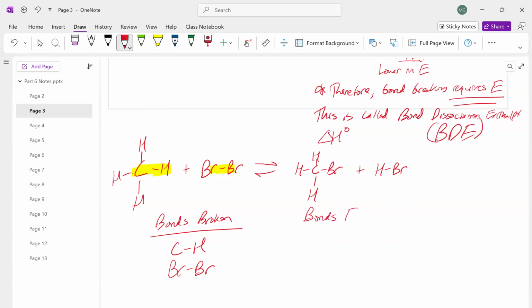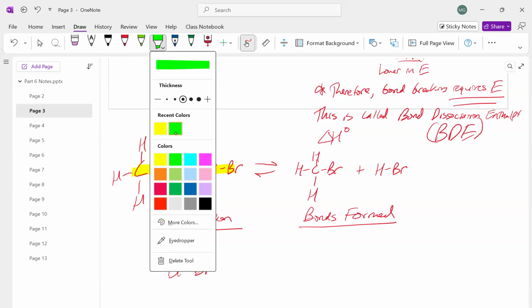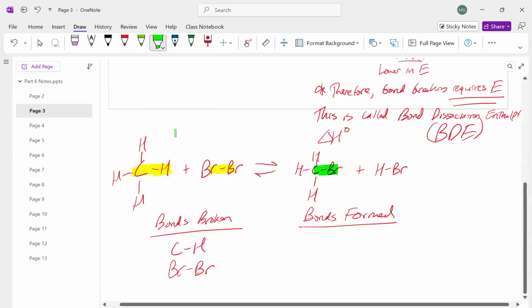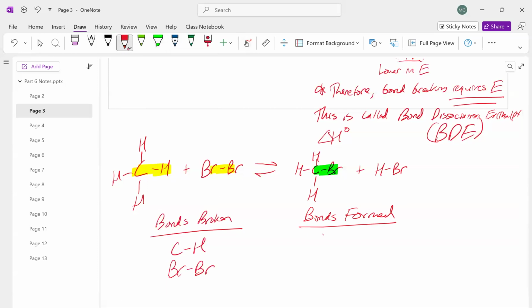Now let's take a look at what bonds were formed. So on this product, a carbon-bromine bond was formed. And on this product, a hydrogen-bromine bond was formed.